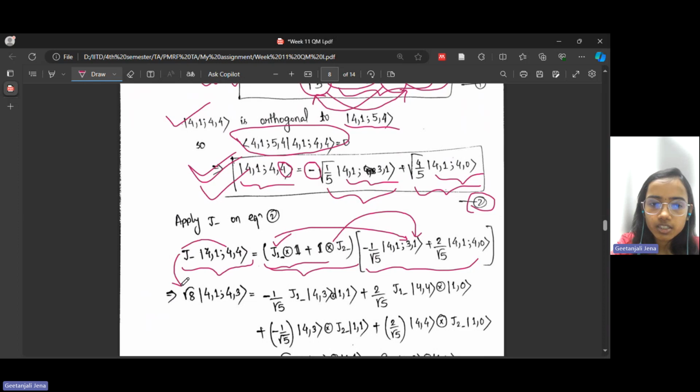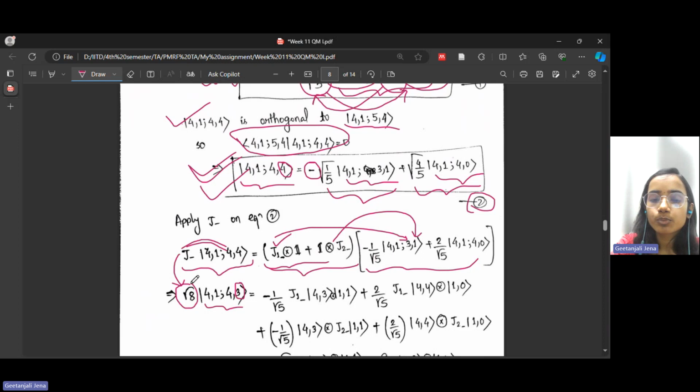So in the next line, if you see, if I go from here to here, this is nothing but when J minus acts on 4144. So when J1 acts on 4144, you will get 4143. The value of M will reduce to 3 here. Now for the coefficient, it is root over of J into J plus 1 minus M into M minus 1.